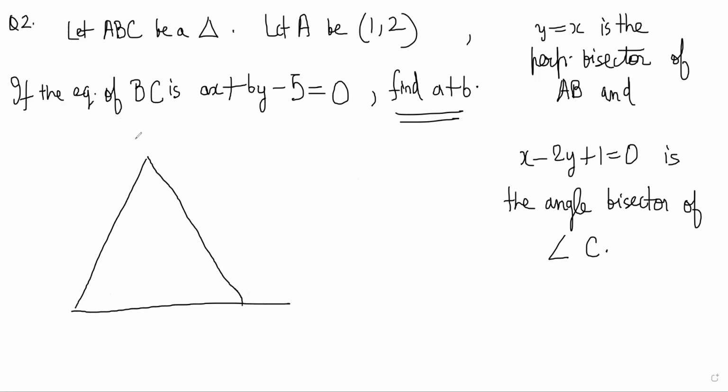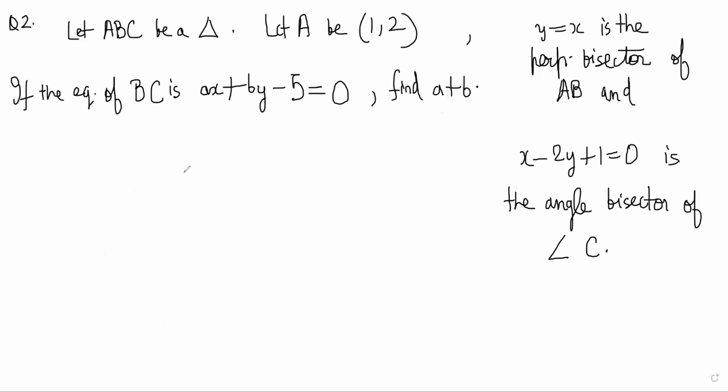So let's say this is A, B... No, actually, I will draw it like this. This is C and A and B. Now, there is an angle bisector here, right?